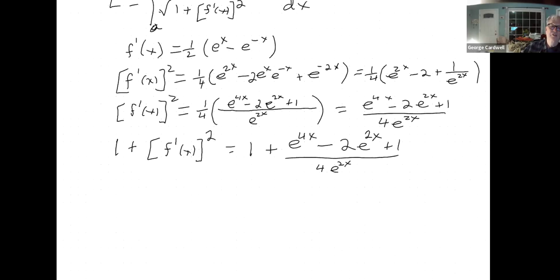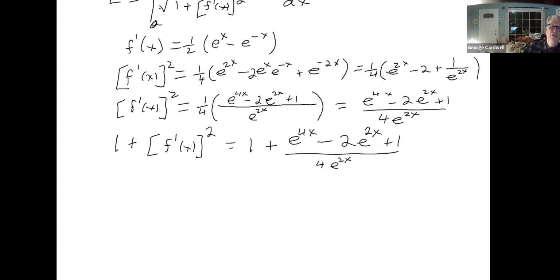The common denominator is going to be 4e to the 2x. So the way I'm going to write 1 here is 4e to the 2x over 4e to the 2x. So this becomes 4e to the 2x over 4e to the 2x, plus all of this.